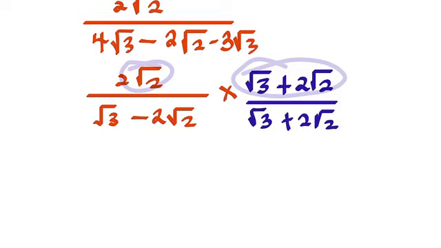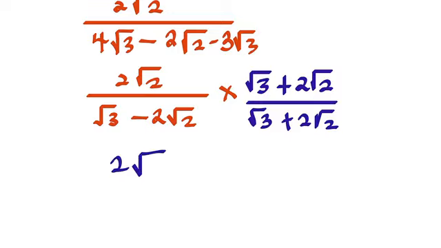So that will give us 2 root 6, then plus this, we multiply this. So we're going to have 4 root 4.